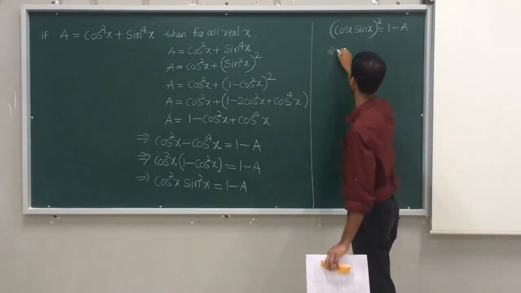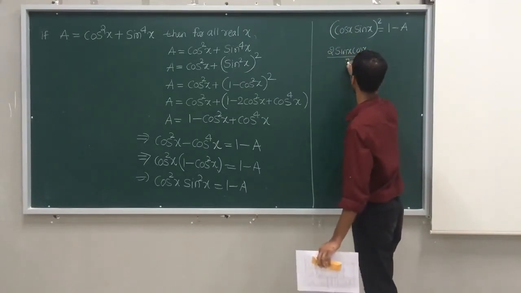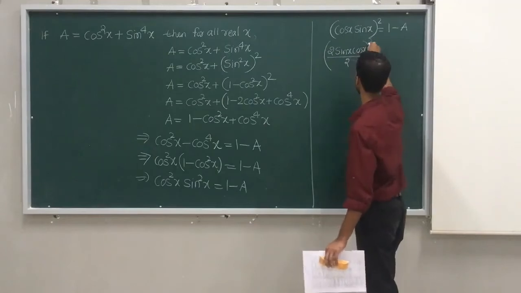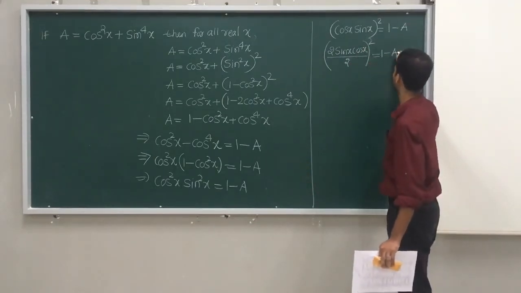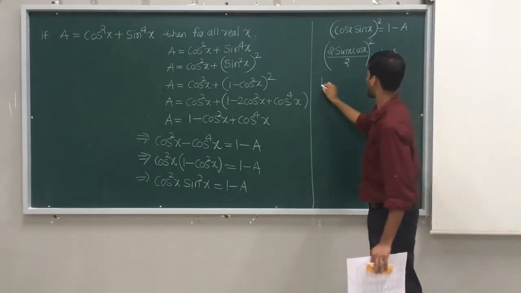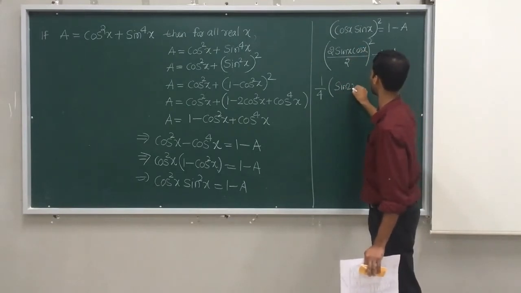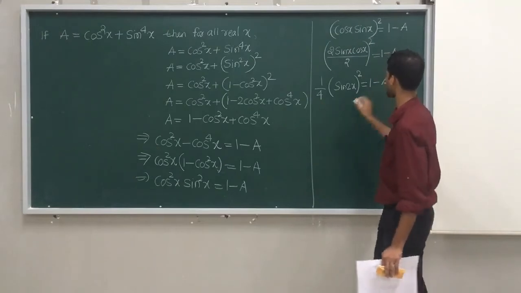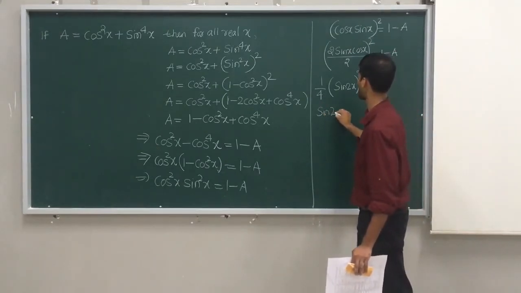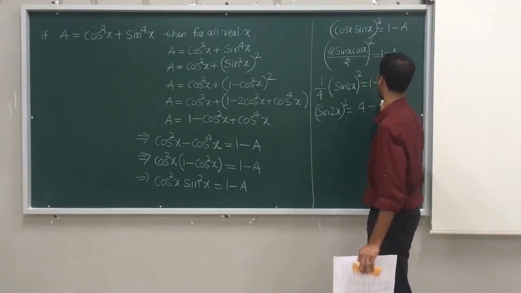I will multiply and divide by 2 inside the bracket, so it won't violate my equation, right? Now I'll bring it out. It is 1 by 4 because 2 square is 4. 2 sin x cos x can be written as sin 2x, the whole square equal to 1 minus a. Let me cross multiply. So I will get sin 2x the whole square is equal to 4 minus 4a, right?